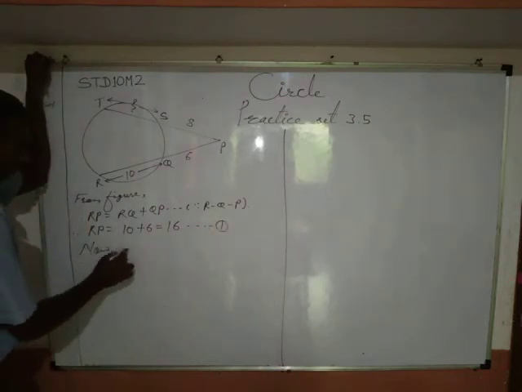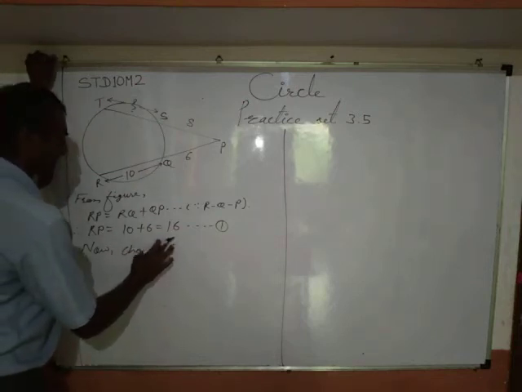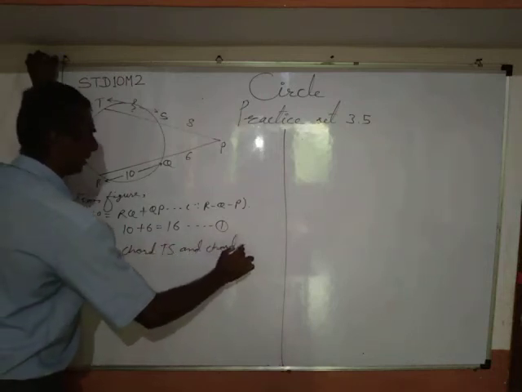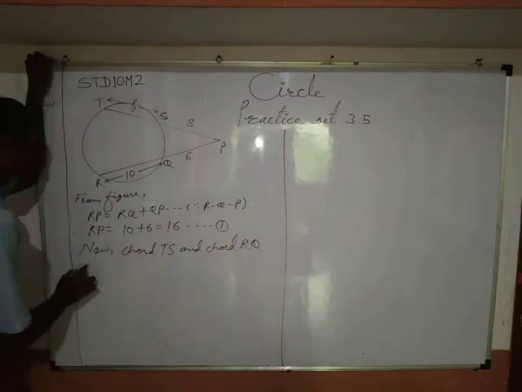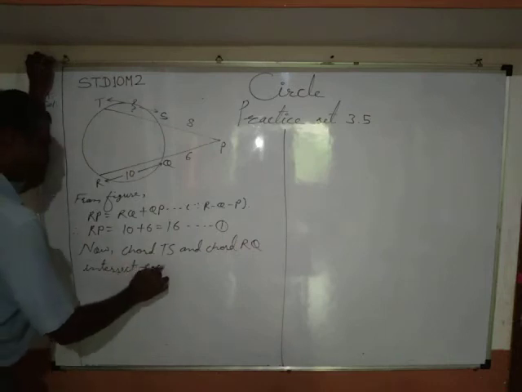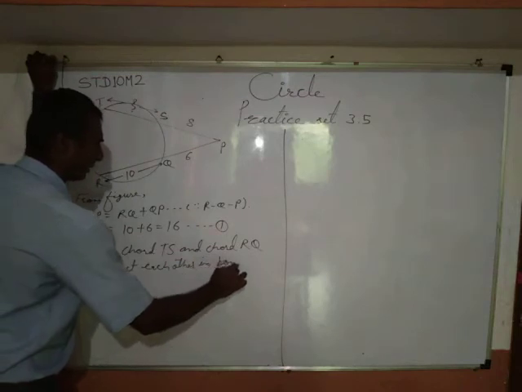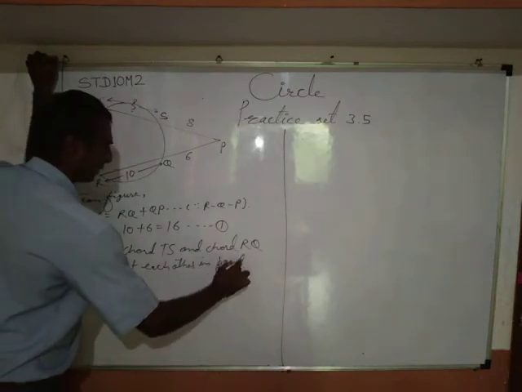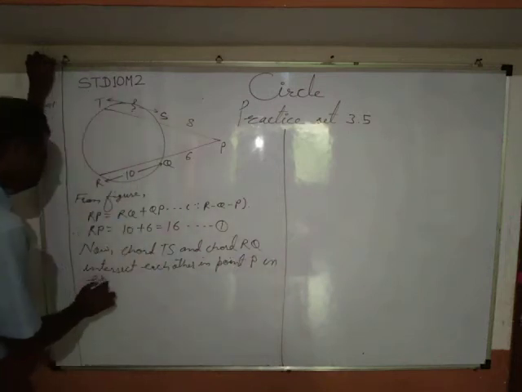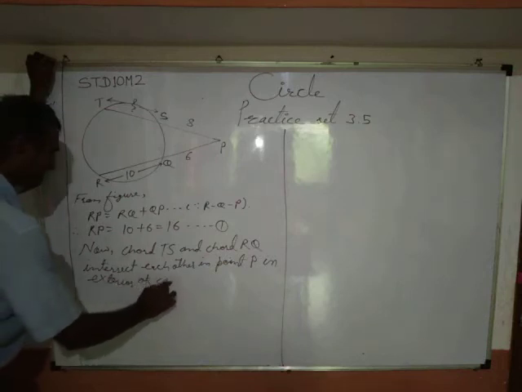Now chord TS and chord RQ intersect each other in point P in the exterior of the circle.